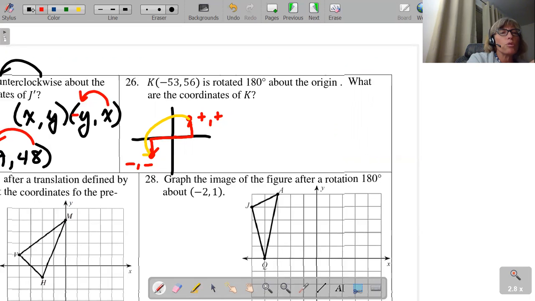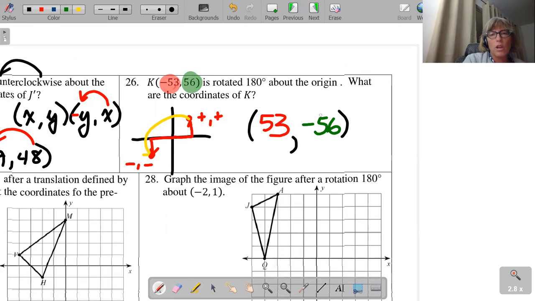So all you do to rotate 180 is you simply flip both signs. If I have negative 53, that simply becomes 53. If I have positive 56, this simply becomes negative 56. So to rotate 180, all you do is flip both signs.